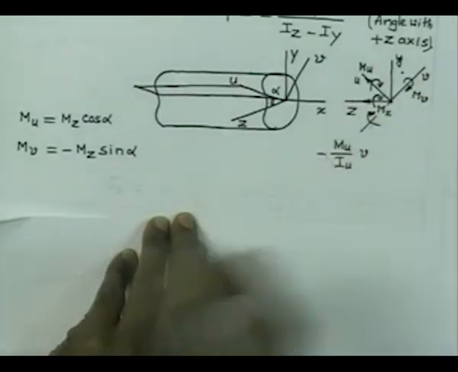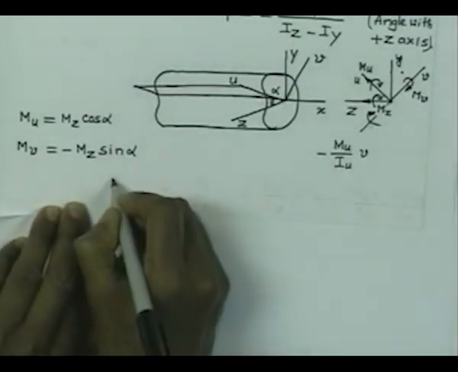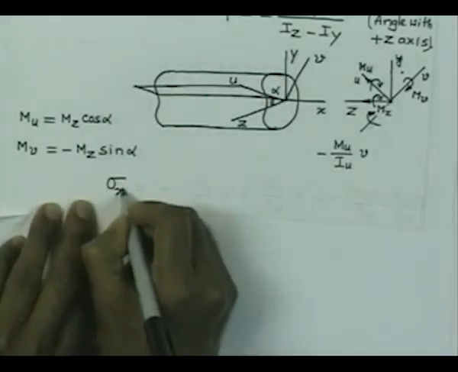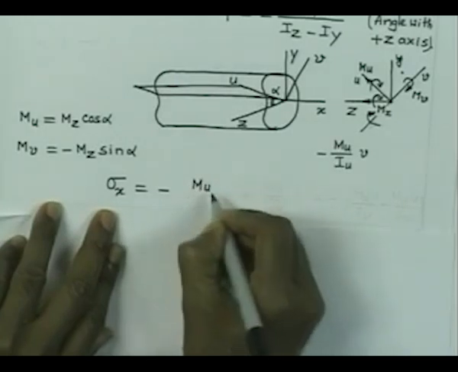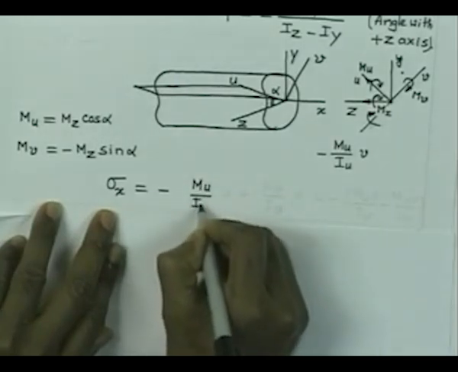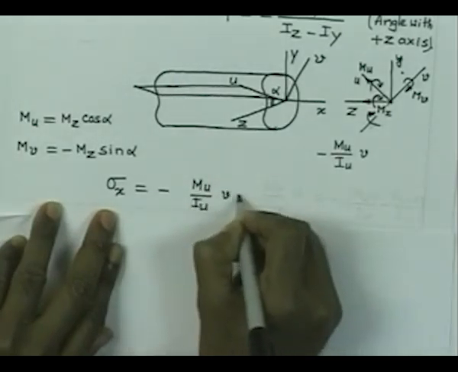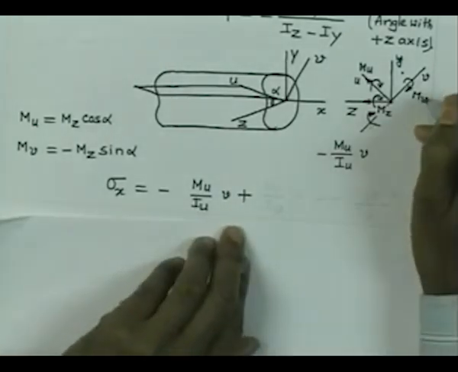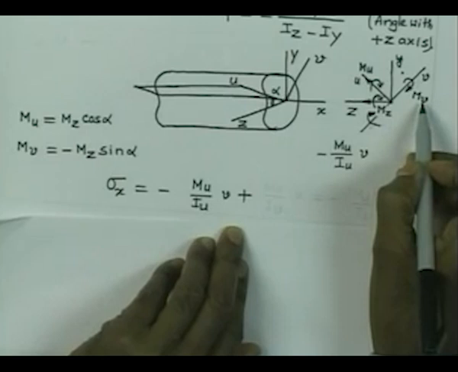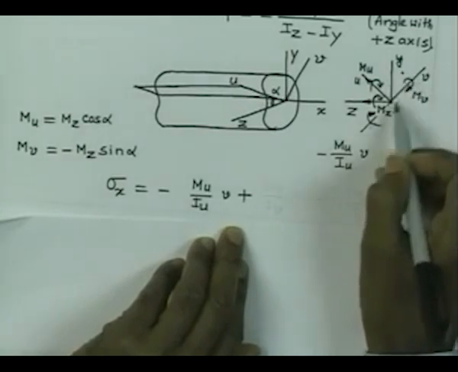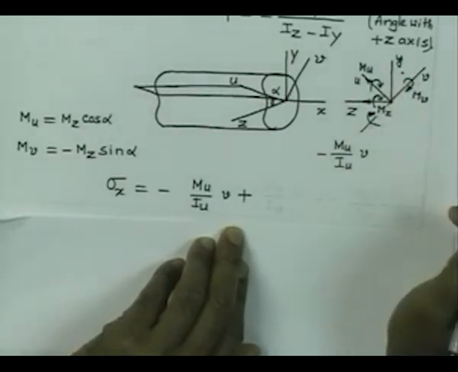So, therefore, this is compressive stress. So, therefore, my sigma x is going to be minus Mu by Iu into v, and similarly Mv, look at this, Mv by Iv into distance of a point from the v axis, that is in terms of u, that will give us the stress.